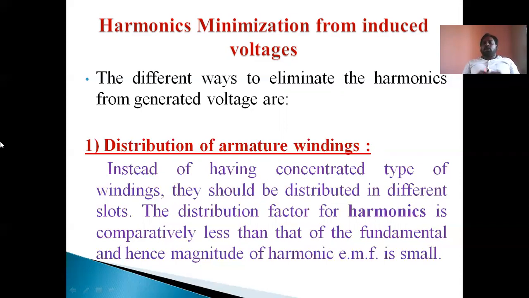That means the distance between slots can be reduced. Then the distribution factor is reduced, the non-uniform flux distribution is reduced, and the harmonic voltage is also reduced. That's why the magnitude of harmonic EMF can be reduced by reducing the distance between the slots.